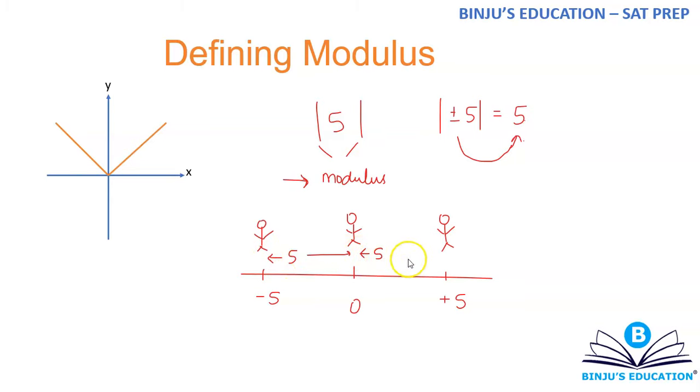The distance covered by you in each of the cases is equal to 5 units, right? So the result of the modulus that you see, that is 5, is this distance.